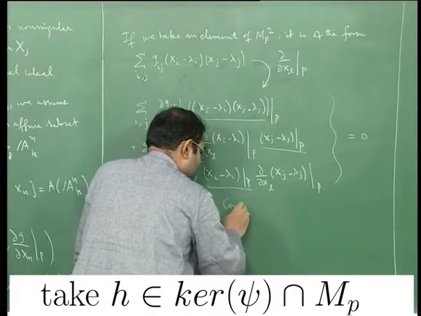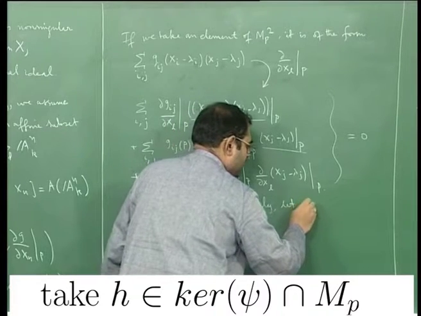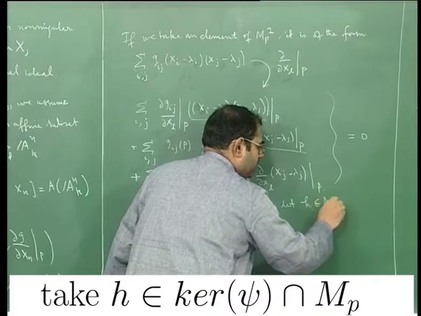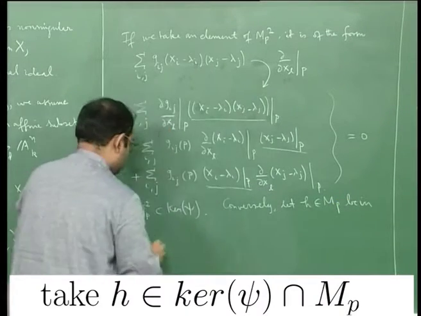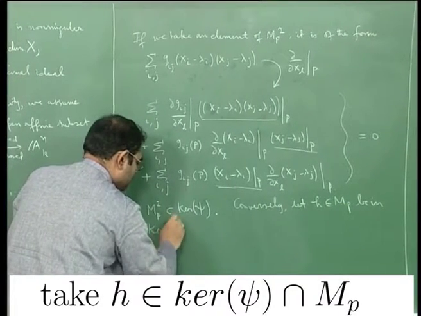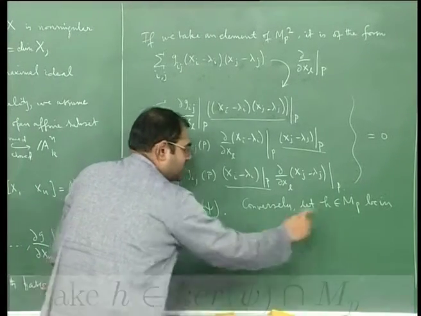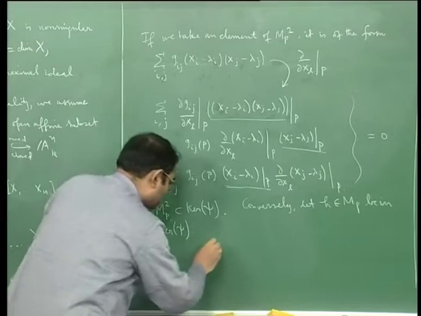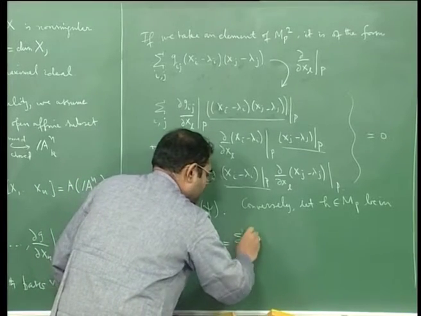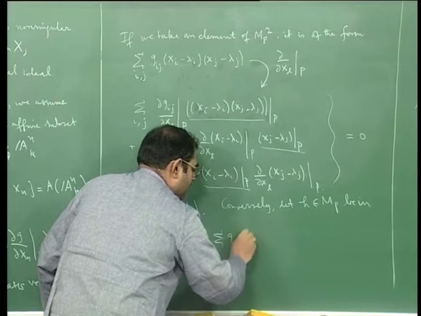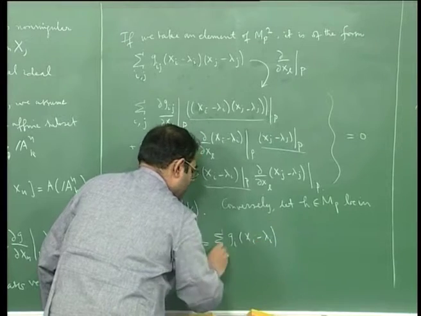Conversely, let H belonging to MP be in the kernel of psi. Now H is an element of MP, so H is given by the sum of gi times xi minus lambda i over i.